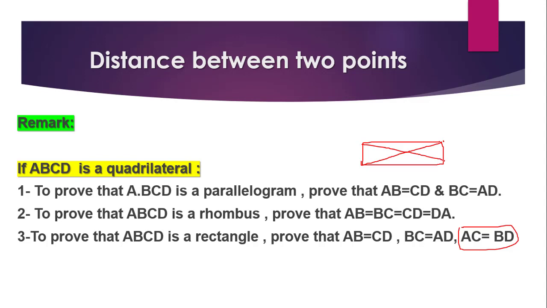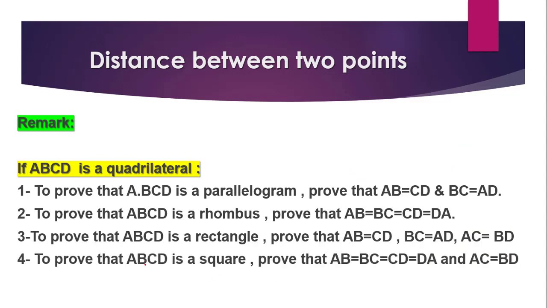So I'll prove that each two opposite sides are equal and also the diagonals are equal in length: AC equals BD, and of course AB equals CD and BC equals AD. This is if I want to prove that this is a rectangle.